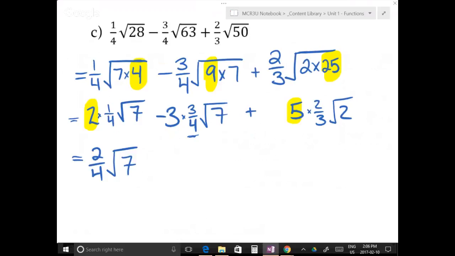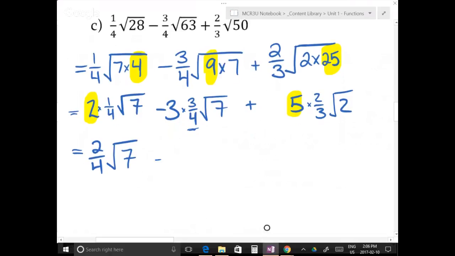No, 3 times 3. You weren't kidding. I know, and that's okay. We all do it. But it's not 6, it's 9. Good. Minus 9/4 root 7. And then what do we have for this last one? Plus 10/3. You see, you say you hate fractions, but you got it totally right. That was the right answer. There. Which is fine.